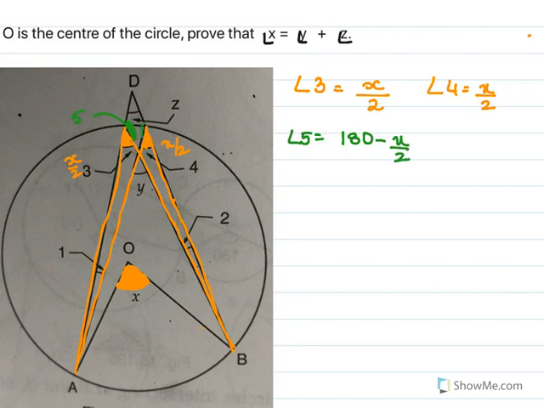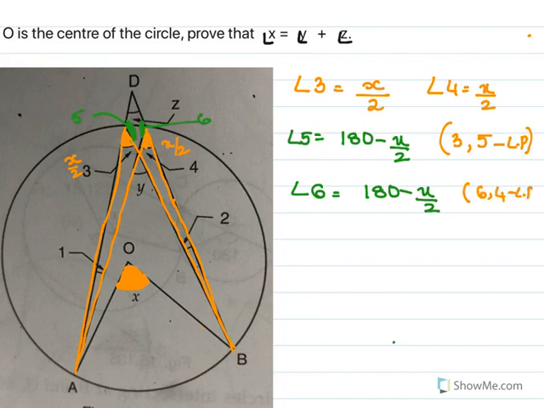Similarly, on the other side, here I have another angle, angle 6. So angle 6 will also be 180 minus X by 2, because they form a linear pair. Here we know that 3 and 5 form a linear pair. Here 6 and 4 form a linear pair.